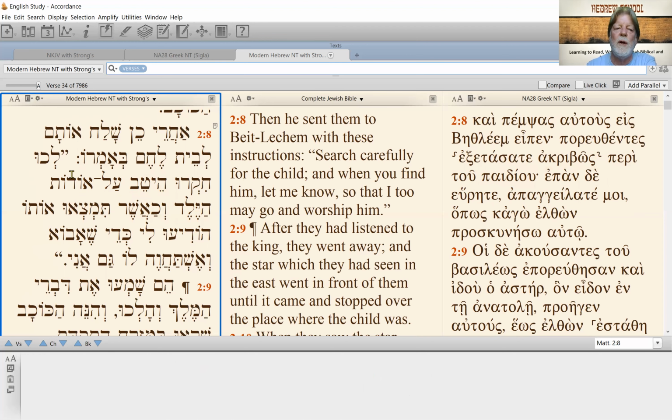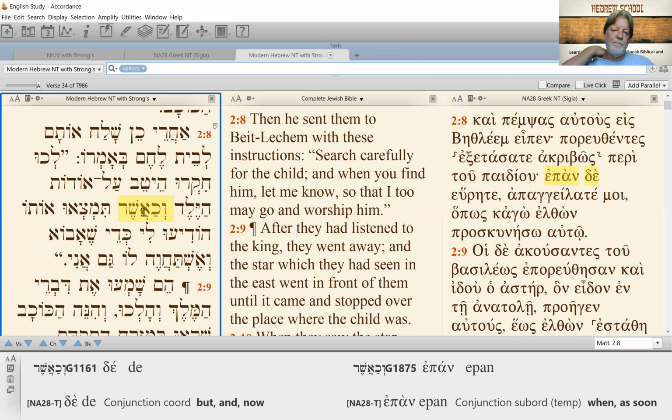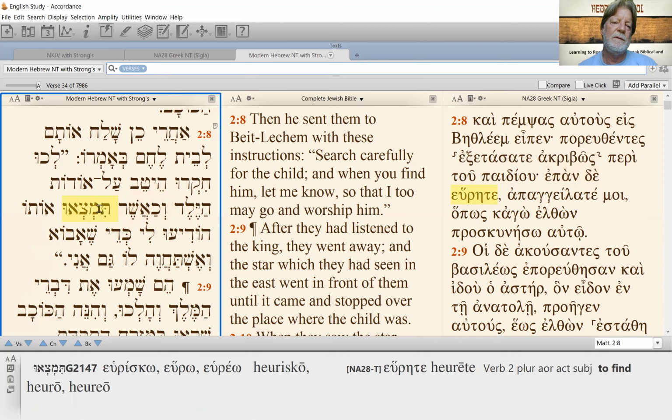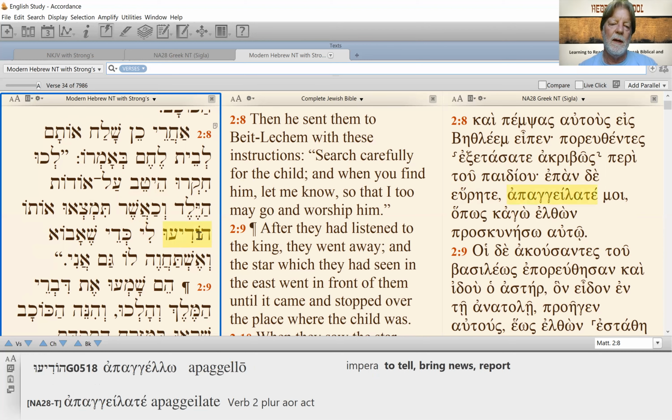Odot would be whatever information you can find out about Hayeled, about the child, v'chasher, and in this case it would be and when, and tim sa'u, when you find him, oto, him, chodi'u means make known.